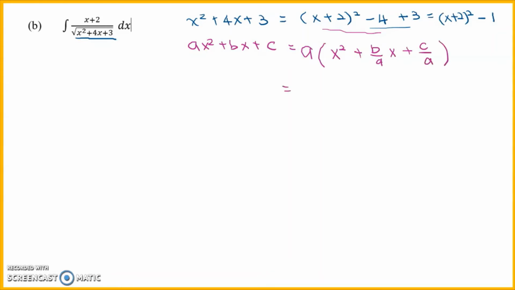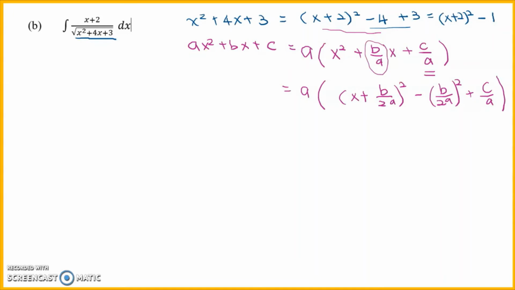If I want it to be in the form x plus something squared, I write x plus half of this, meaning b over 2a, squared, minus b over 2a squared, plus c over a.